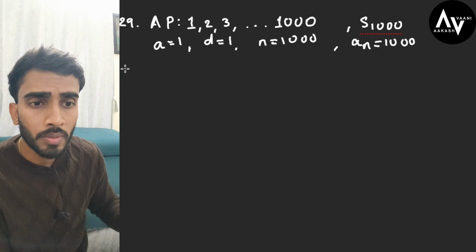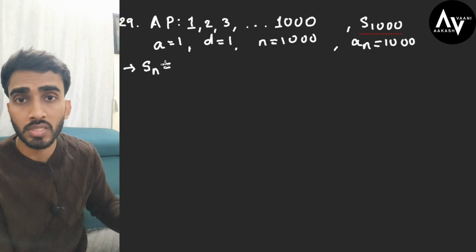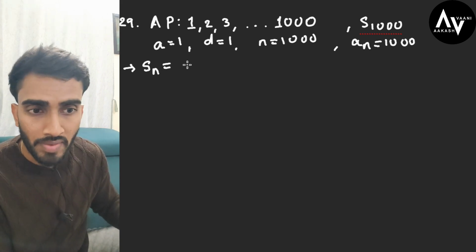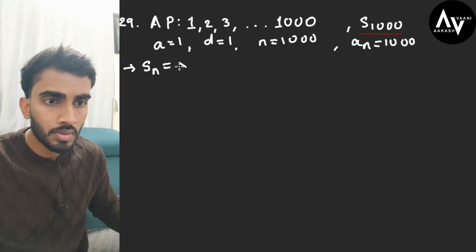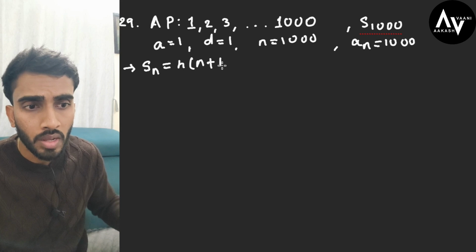But you know what, we have directly a formula to find out the sum of first n positive integers from the chapter number 5 arithmetic progression, which is n into n plus 1 upon 2.